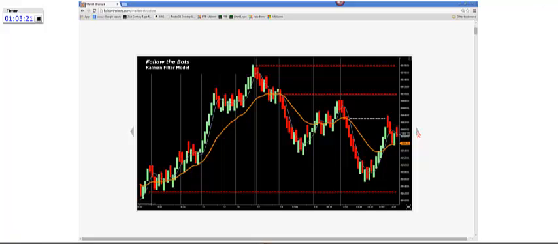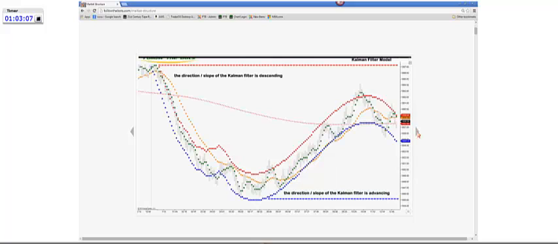We have a variety of algorithms that we have developed to help us gauge the market direction. The Kalman Filter is one of our models, and the slope and direction of the Kalman Filter allows us to determine the intraday price direction.